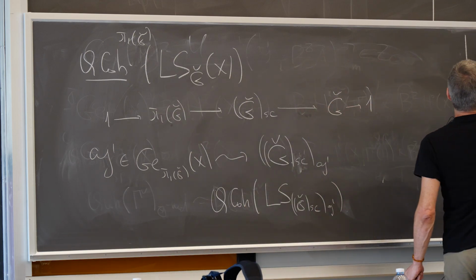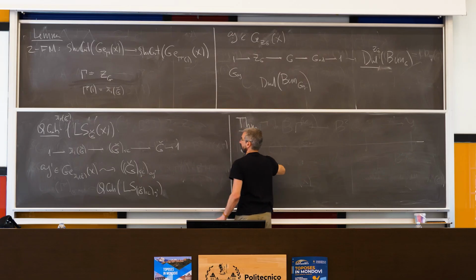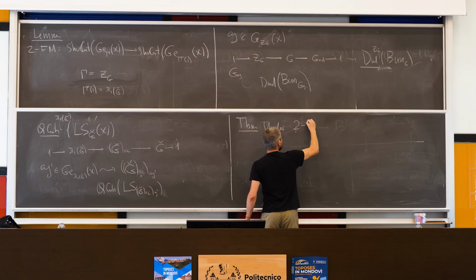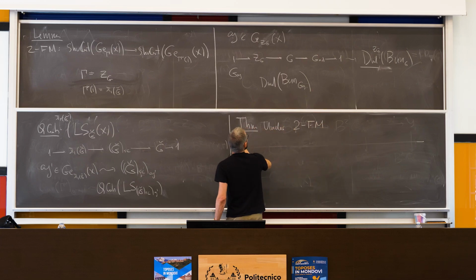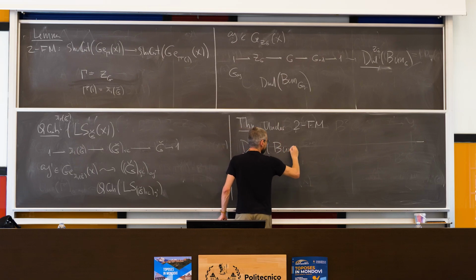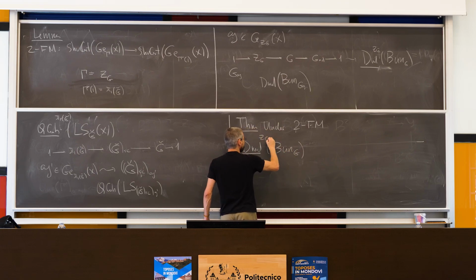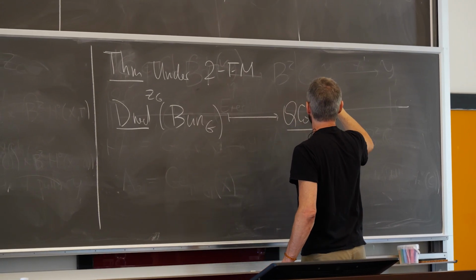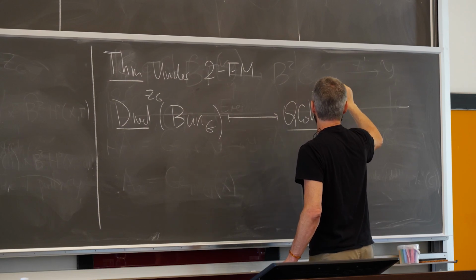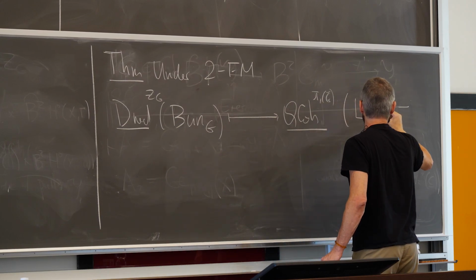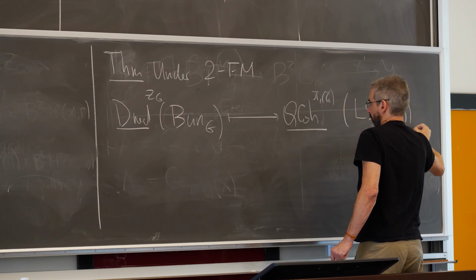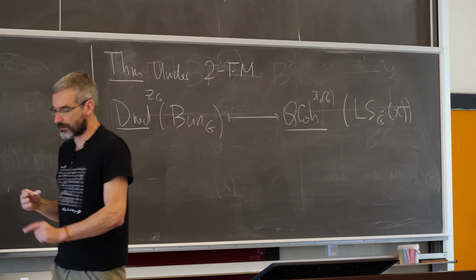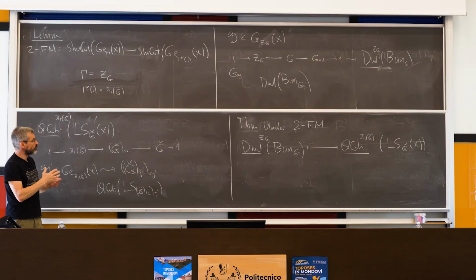And so the theorem is that under this Fourier-Mukai transform, one guy goes to the other. So this is a theorem.